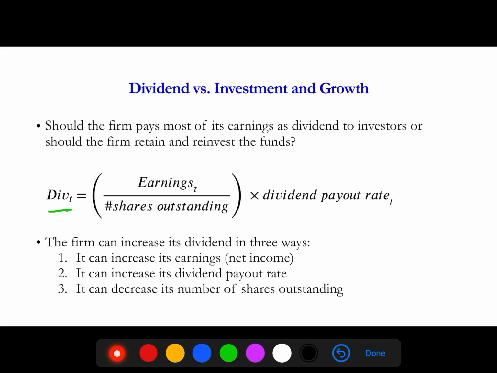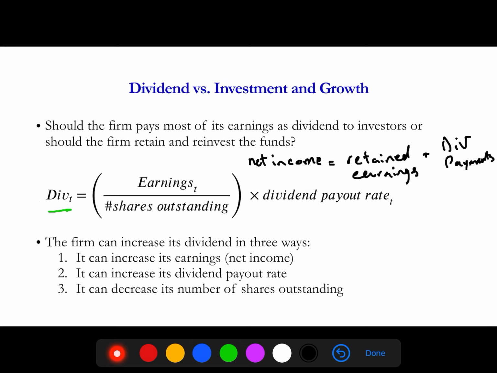If you remember from chapter 2, net income or earnings actually equals retained earnings plus dividend payments. Okay, so now let me ask you how the company can increase its dividend payments.